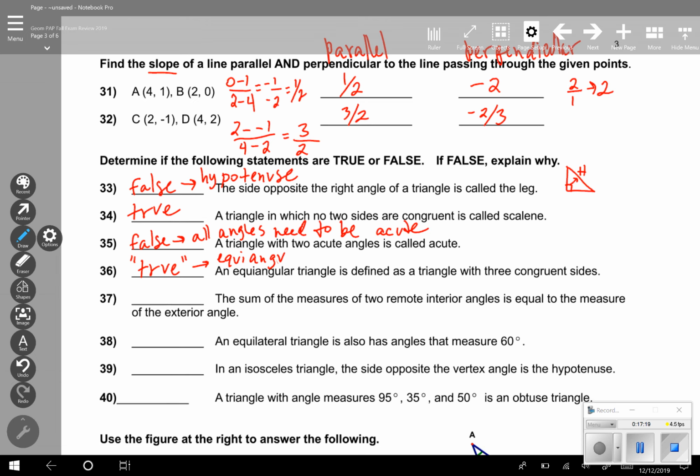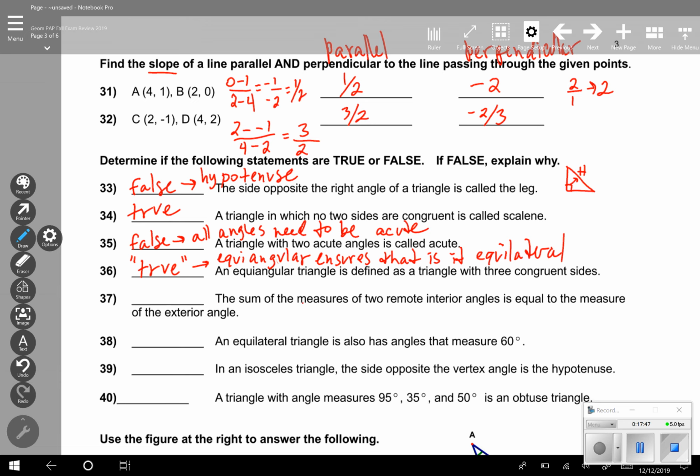Equiangular ensures that it is equilateral. So it's true because of the fact that it being equiangular means that it's also going to be equilateral. But remember, equiangular means equal angles.